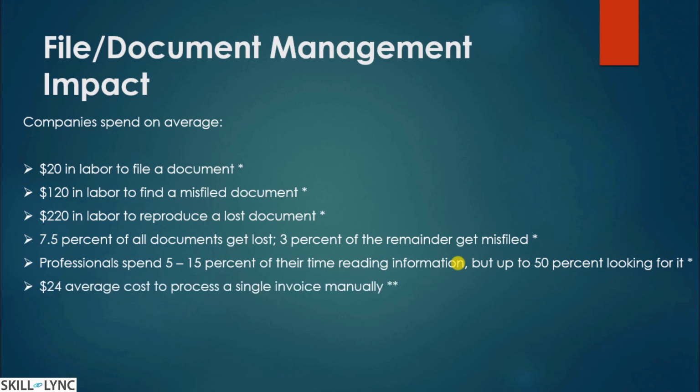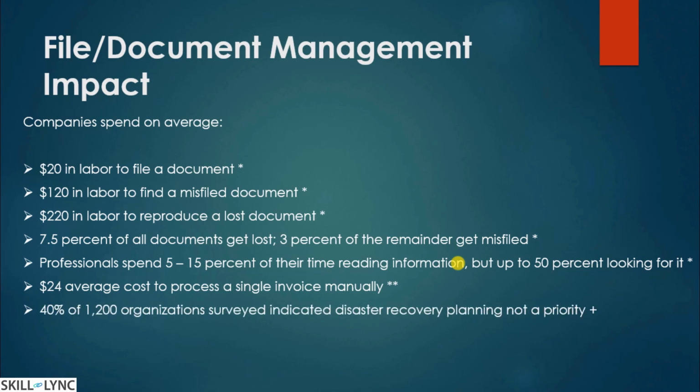Also, one more statistic is close to $24 as the average cost to process a single invoice manually, whereas 40% of 1,200 organizations surveyed indicate disaster recovery planning is not a priority at all. Disaster recovery means planning for a certain loss of material or loss of men. 40% of the 1,200 organizations do not prioritize this.